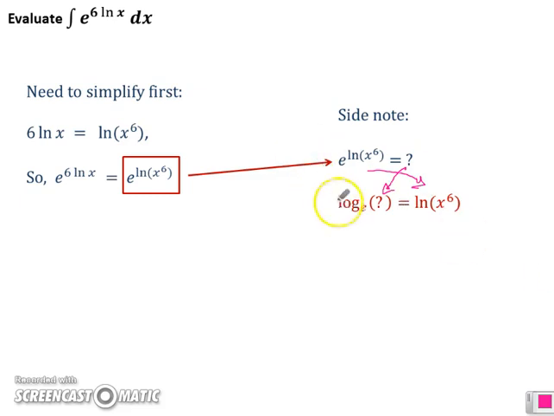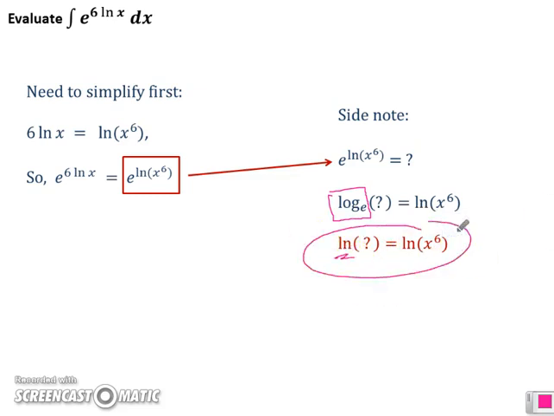Okay, so now log base e is the same thing as the natural log. You don't ever see it written as log base e. It's like a kindergarten way of looking at it. It has its own symbol. And now if you just look at this statement right there, it's property of equality. Those have to be equal because that's what the equal sign says. That question mark has to equal x to the 6th power.